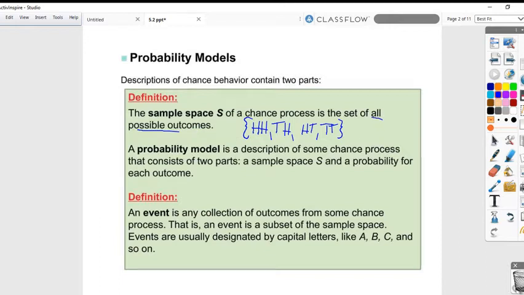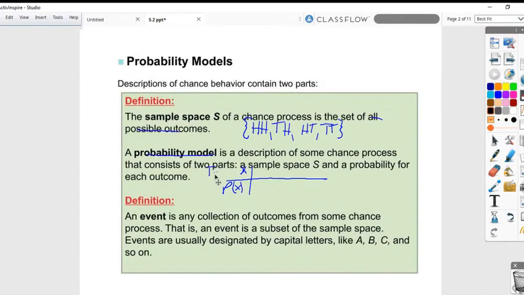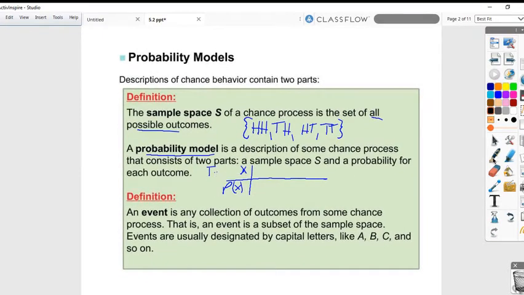The next thing is what a probability model is. A probability model has the outcomes listed, and you should recognize this from regular stat, and the probabilities. It's like a little chart. That's what a probability model is. Let's say this is the number of tails.